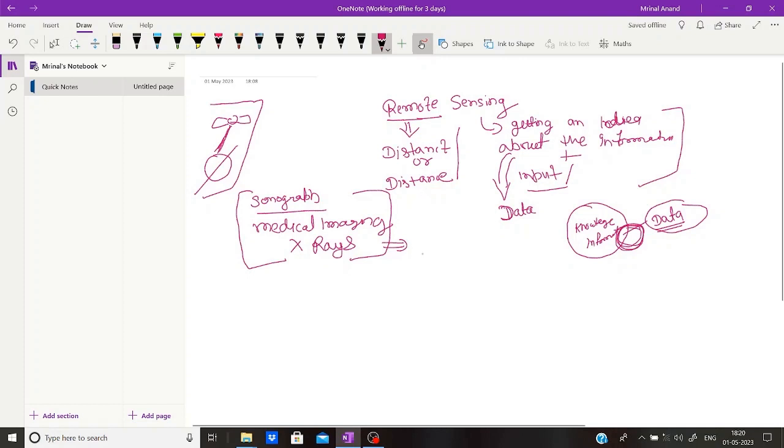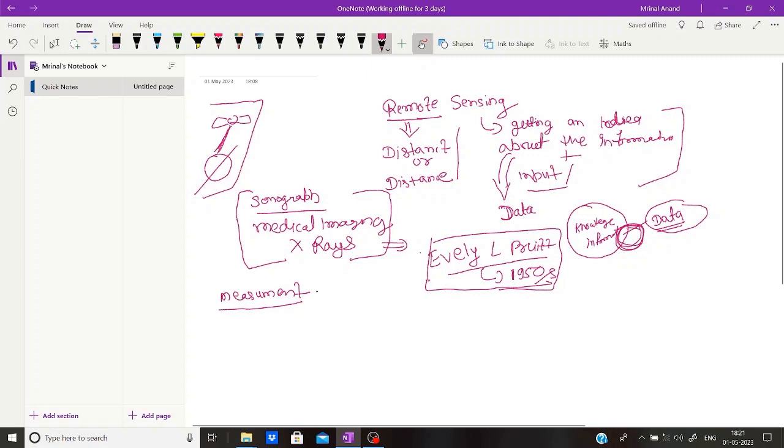The literal meaning of remote sensing was given for the first time by Evelyn L. Pruitt in the 1950s. She gave the official definition of remote sensing as the method of measurement, a process. Mark or highlight this word measurement.